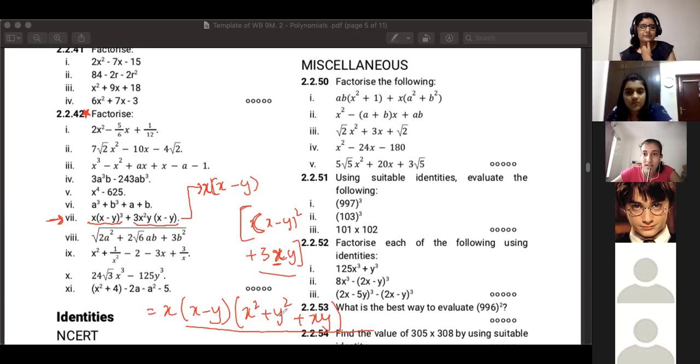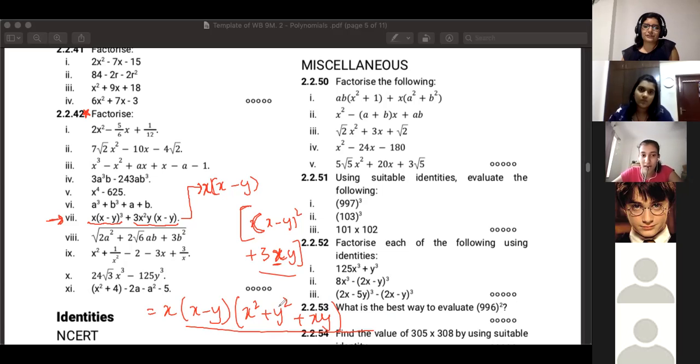Ma'am, it's the RHS of the identity a minus b whole cube. Is it a minus b whole cube or is it something else? Which identity does it look like? Ma'am, a minus b whole cube.